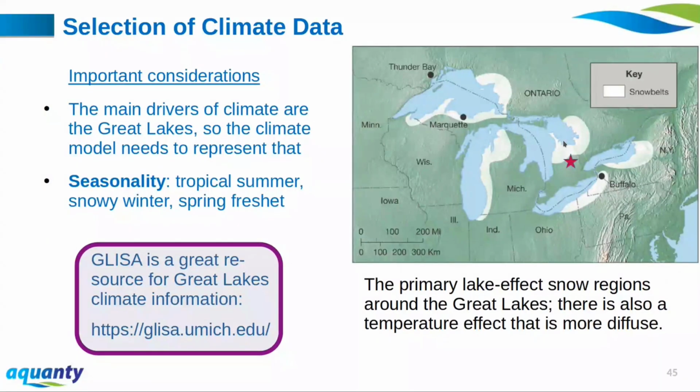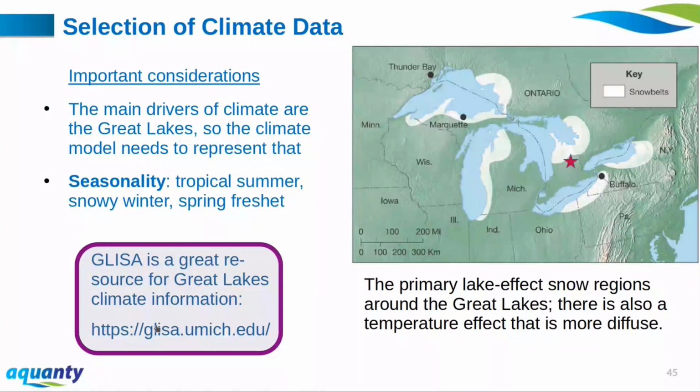And so you really want a model that represents the lakes. Unfortunately, that's typically only regional climate models. Global climate models don't represent the lakes well. There's a group called GLISA, the Great Lakes Integrated Science and Assessment. They have a lot of resources on this. They did reviews on climate models and looked at how they're representing the lakes.